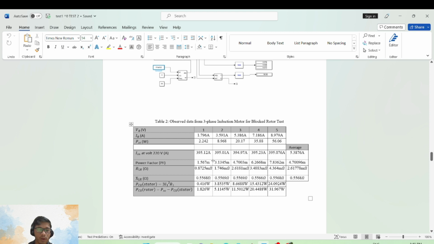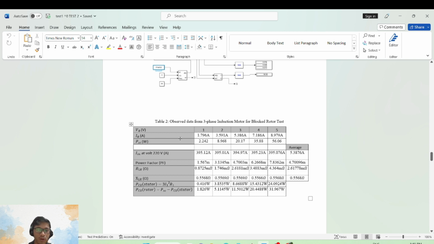For the power factor we get 1.567 milli, for the RLR 0.8725 milliohm, for the XLR 0.5568, for the PCU stator 0.416 watt, and for the PCU motor 1.826 watt. And the next is 2 volt.